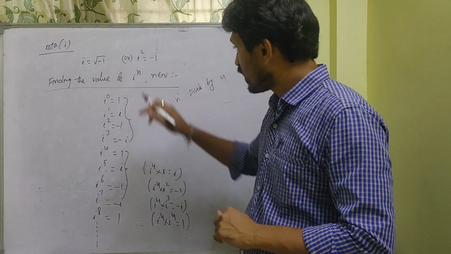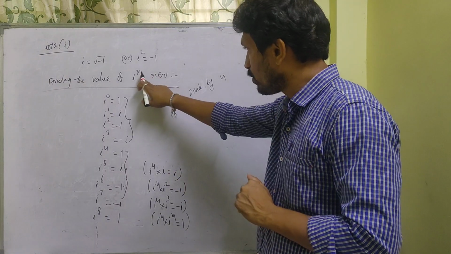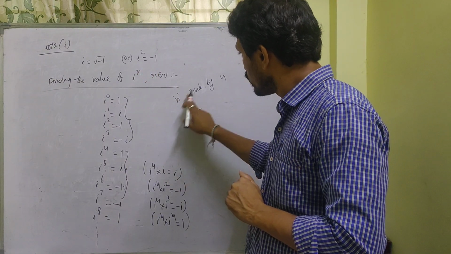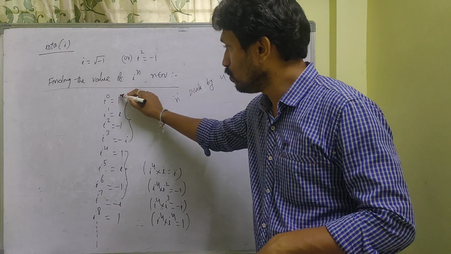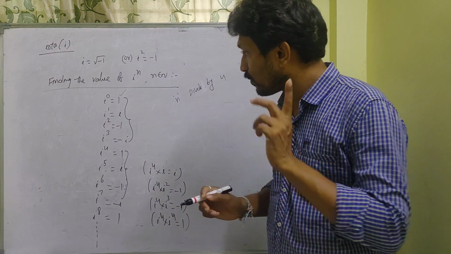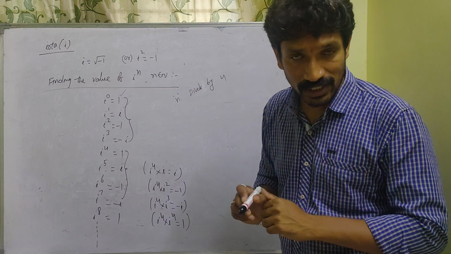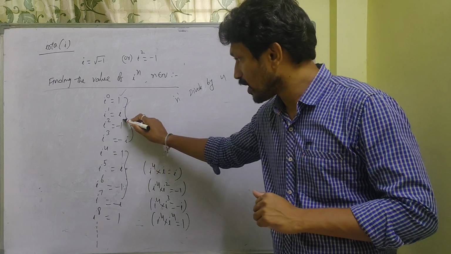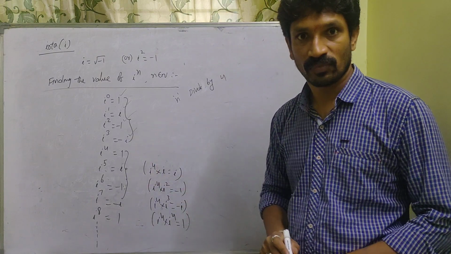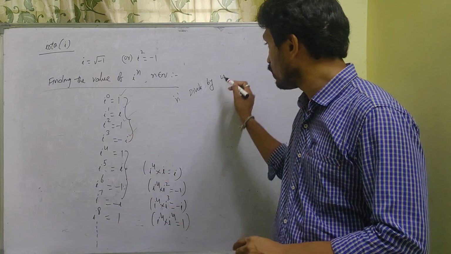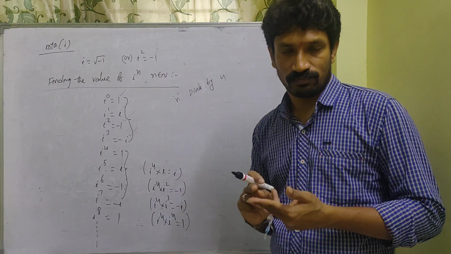If the remainder is 0, you take the value 1. If the remainder is 1, you take the value i. If the remainder is 2, you take minus 1. If the remainder is 3, you get minus i. You never get remainder 4, because when you divide by 4, the remainder may be 0, 1, 2, 3.